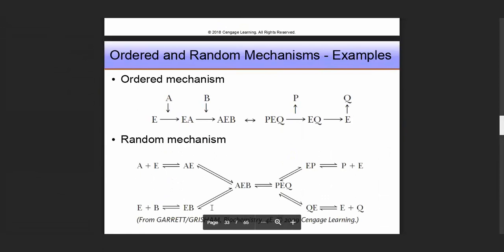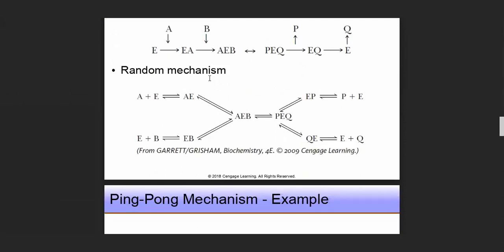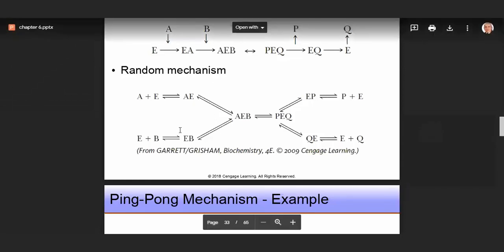If we look at this representation, in the ordered mechanism, you have the enzyme, then substrate A must bind to form EA, then substrate B binds to form this, and the reaction takes place so that the first product, P, forms, and then the second product, Q. In the random mechanism, A could bind first or B binds first, with the same results.